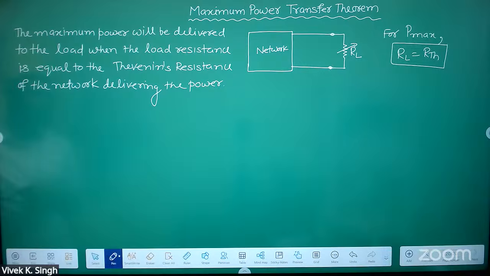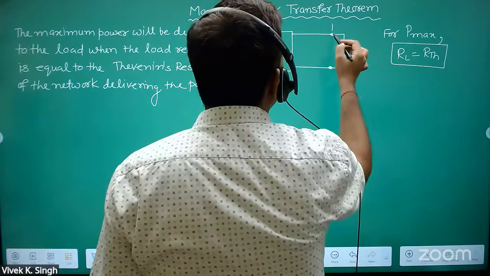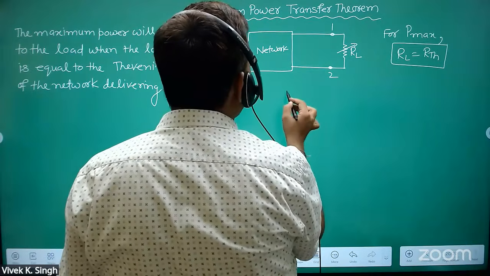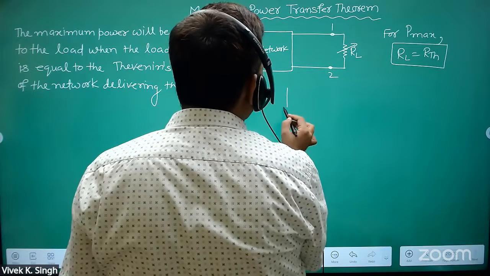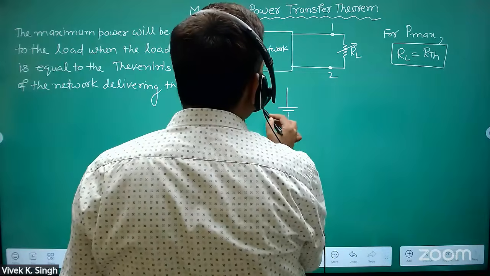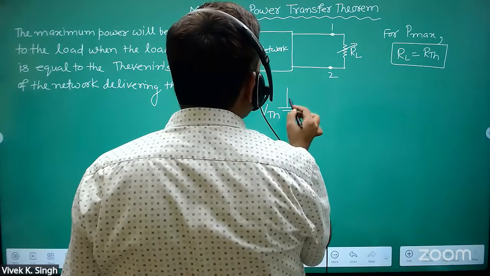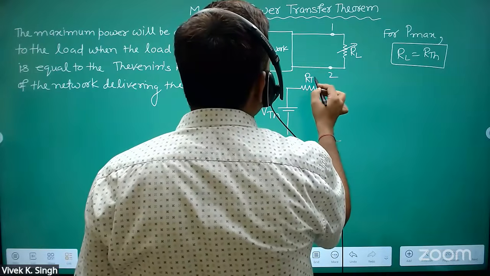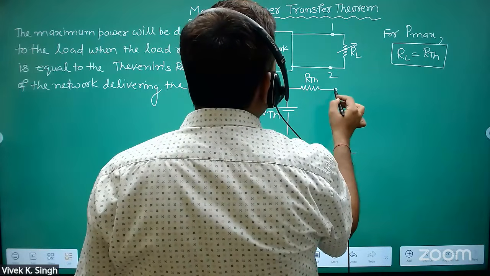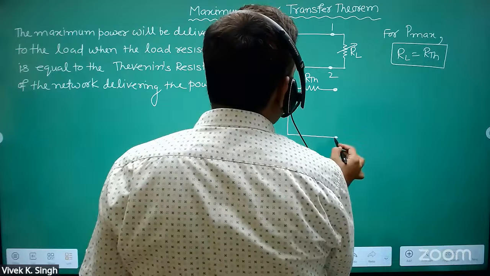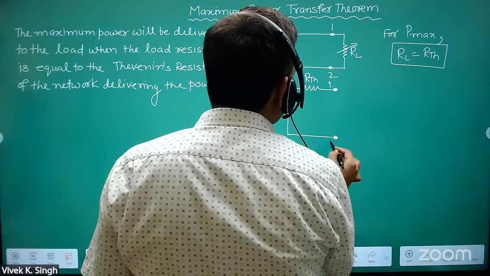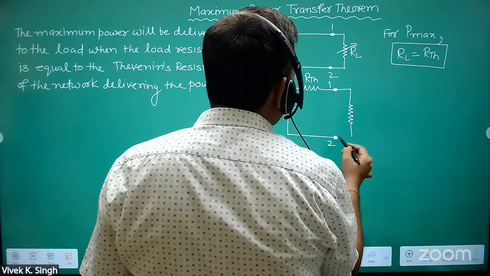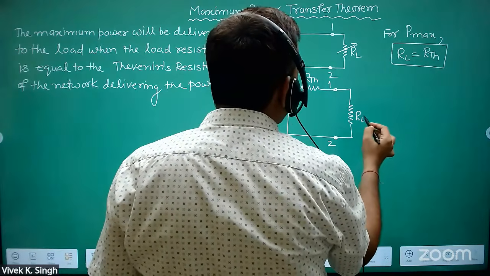So let's draw its Thevenin's equivalent across points 1 and 2. I'm considering a voltage source VTH, and there is a series resistance RTH. This is 1 and 2. This will be RL.